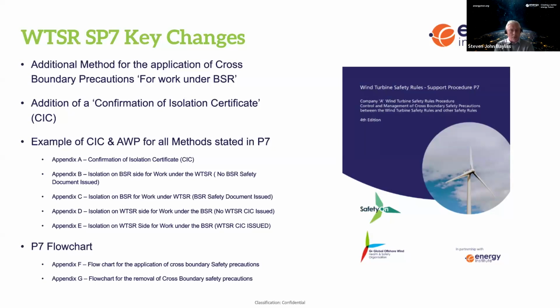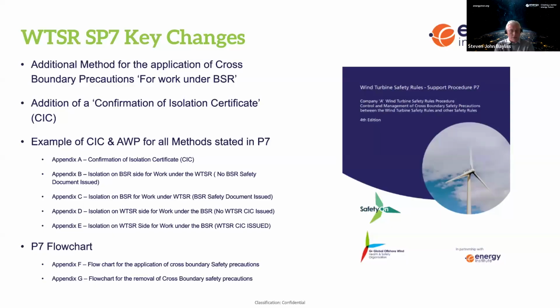And the final example of an AWP is Appendix E. This one is an isolation on the WTSR side for work under the boundary safety rules where a CIC is issued.